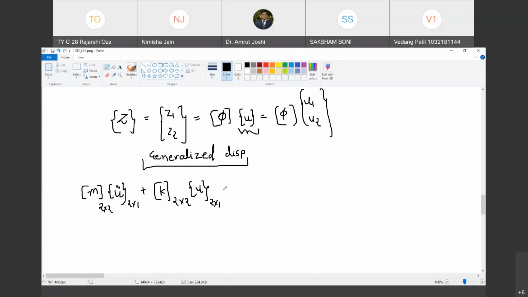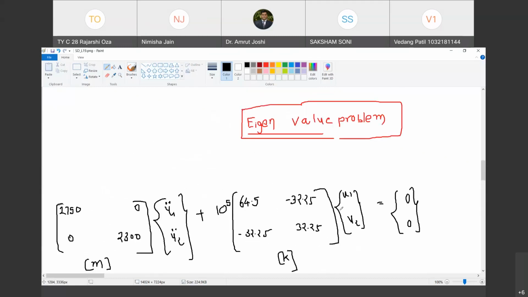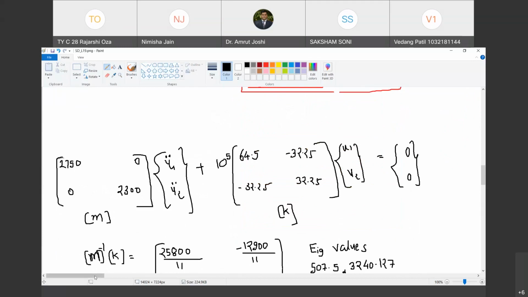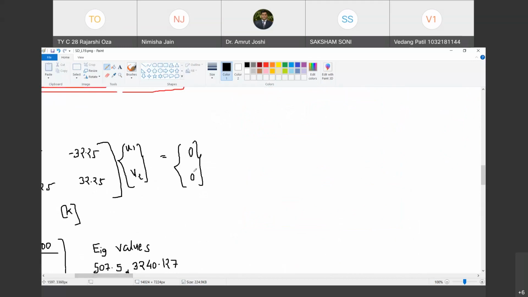Yes, sir. K times u is equal to, as there is no damping here, there is no third term. This has to be equal to the force matrix, which in our case is 0, 0. Do you agree with me? Yes, sir. The force matrix on the right hand side is 0, 0. Happy?